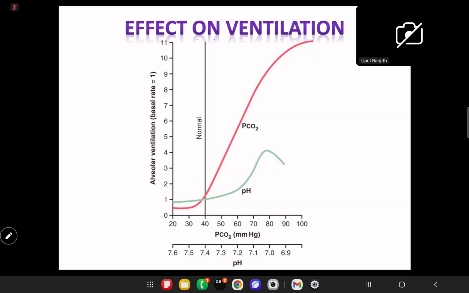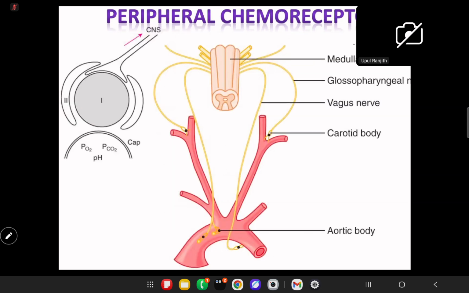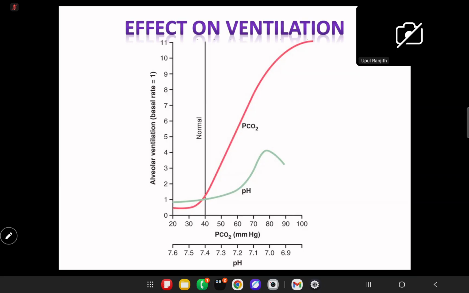The same thing happens with carbon dioxide: when the carbon dioxide partial pressure is very high, the respiratory center will be depressed and the ventilation becomes reduced. That is about the central chemoreceptors.